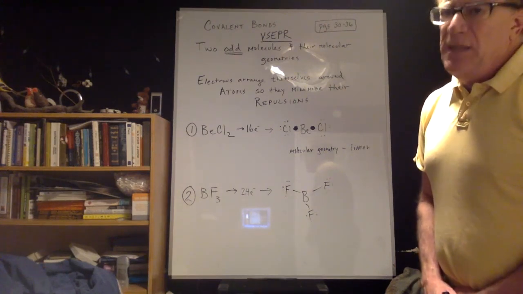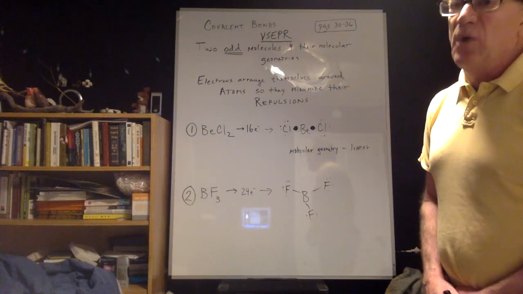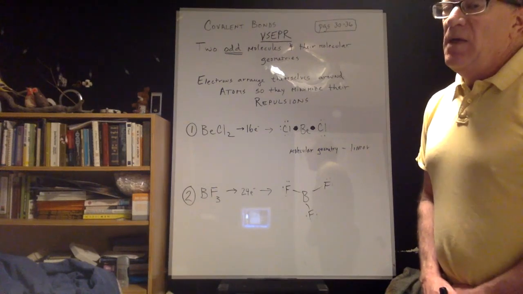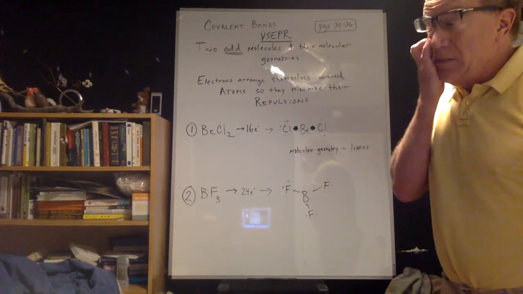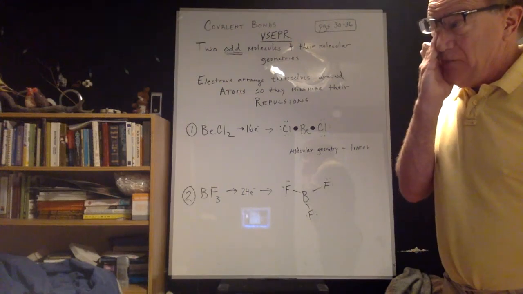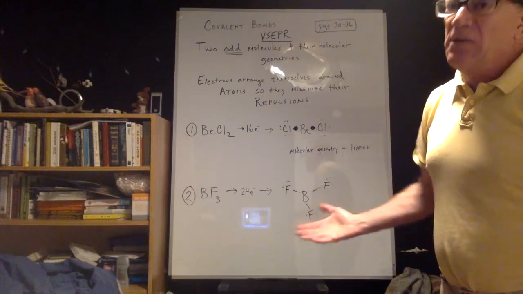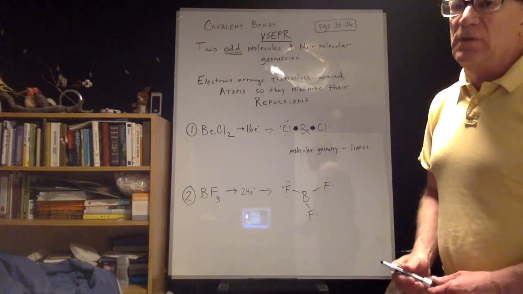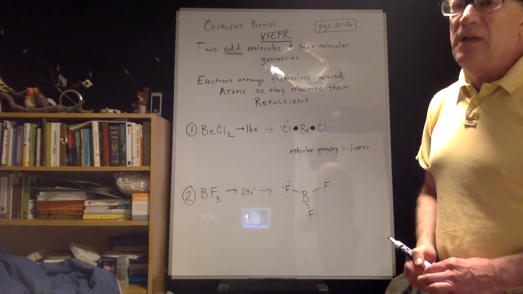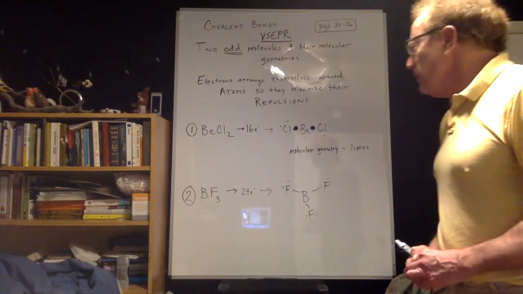So Be and B are the 2 atoms in row 2 of the periodic table that have some issues sometimes with having 8 valence electrons, and their Lewis structures get odd. These are rather unstable molecules because generally, these things need to have 8 valence electrons to be stable.